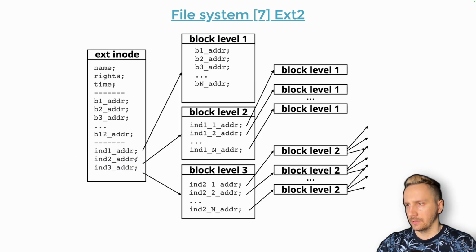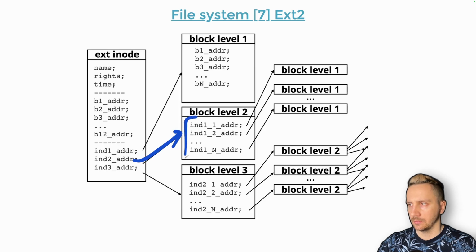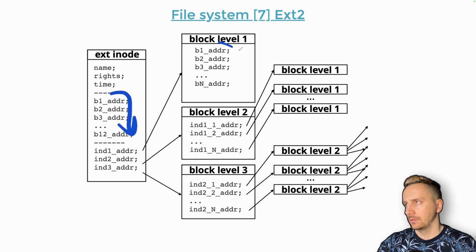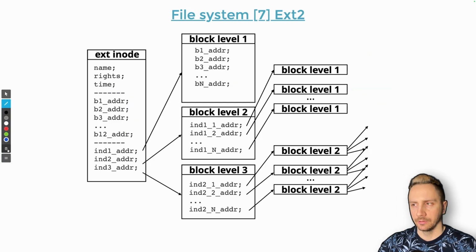Then this address gets filled with the address of a block which stores addresses of blocks, each of which is storing addresses of blocks which are pointing at data. So then the file's data is organized like this. Those are first blocks with data, those are next blocks with data. This is pointing at the next blocks with data, and so on.